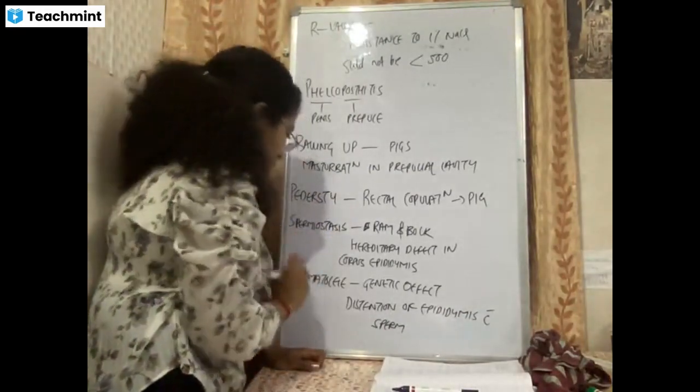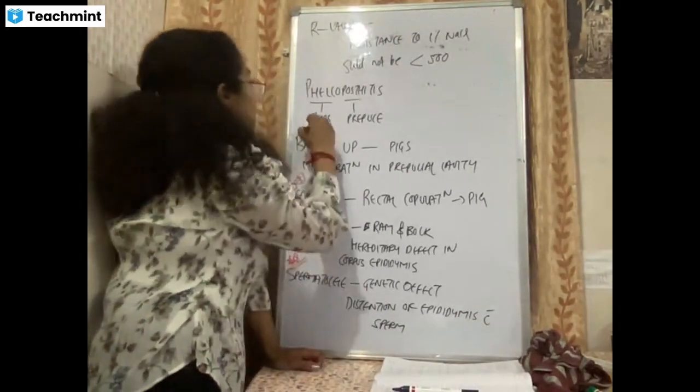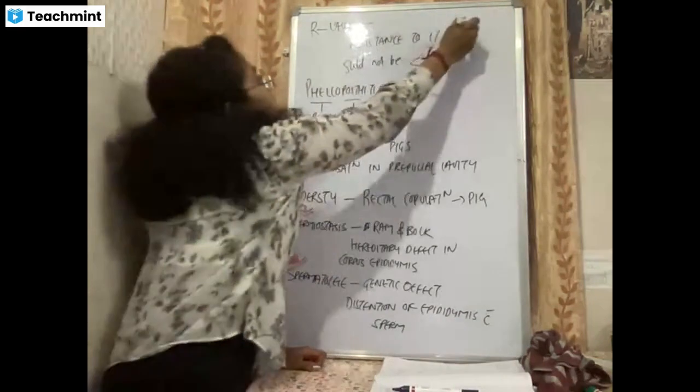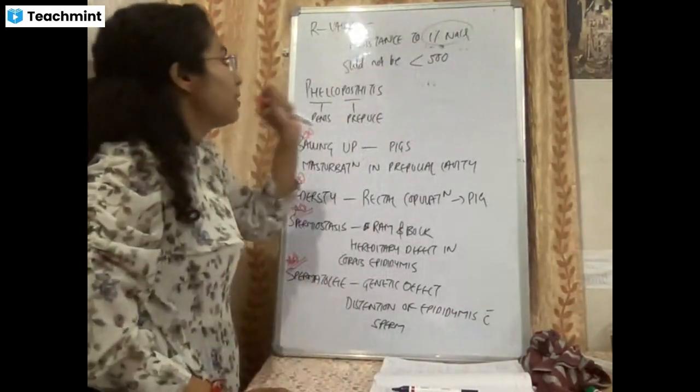You have to remember this. What is spermatocele? Spermiostasis, pederasty, bailing up. And what is the R value? The semen value which is resistant to 1% NaCl.